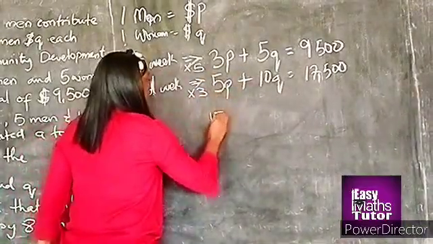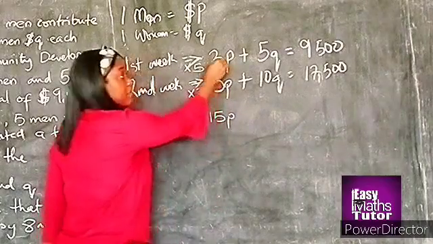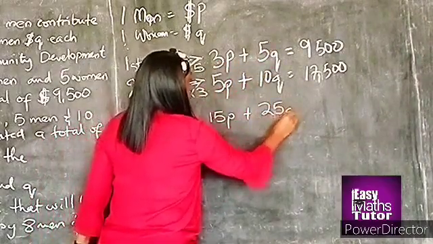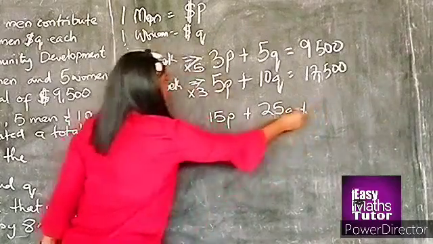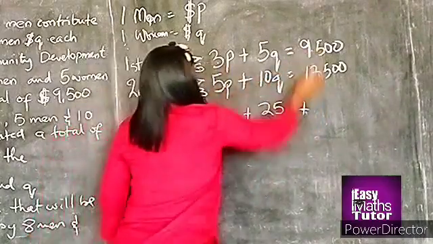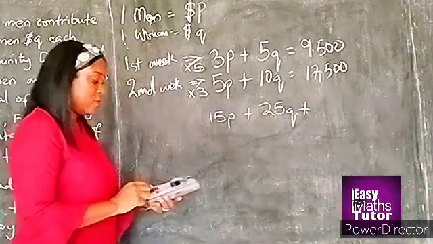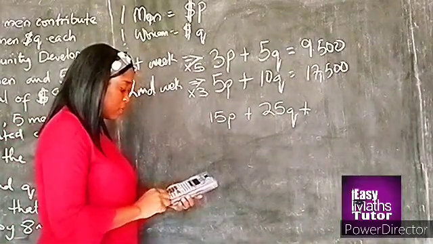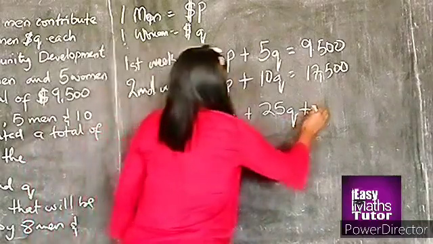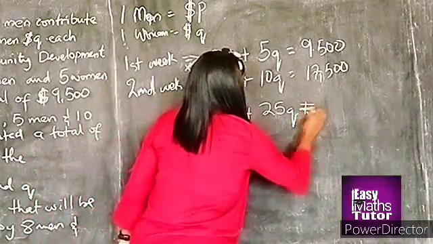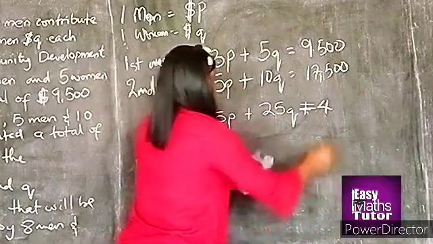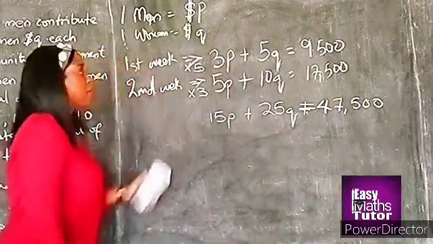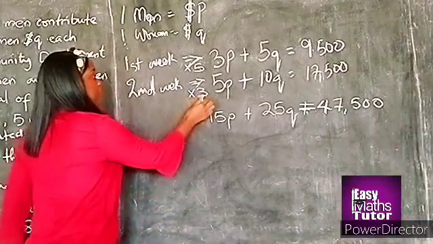That will give me 15P, 5 times 5, 25Q, and 5 times 9,500, using our calculator, gives us 47,500.